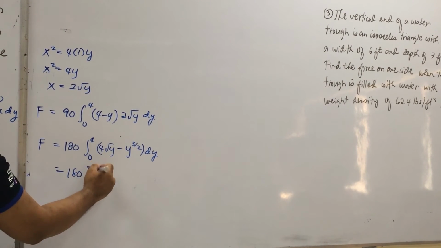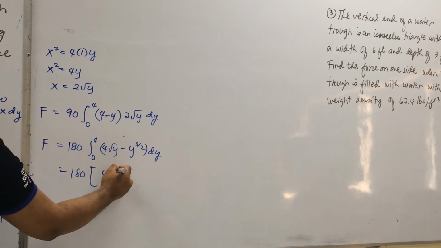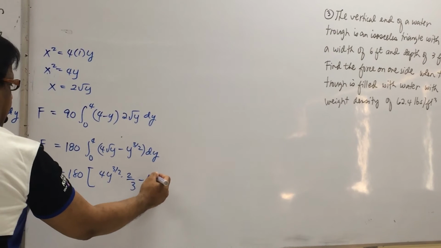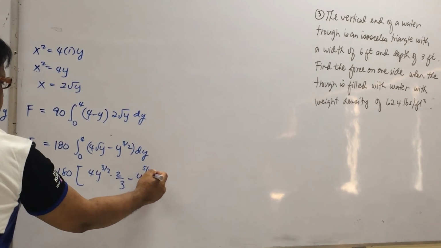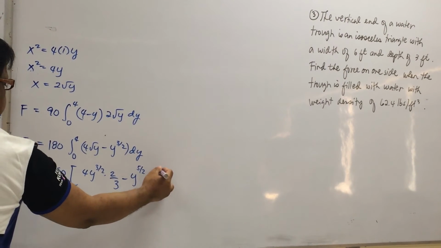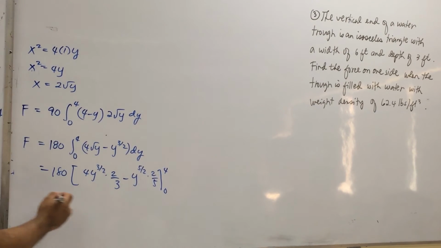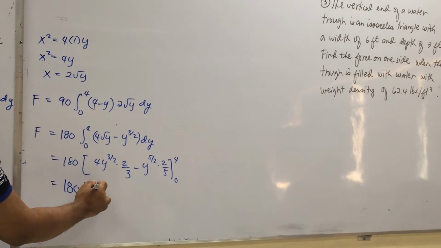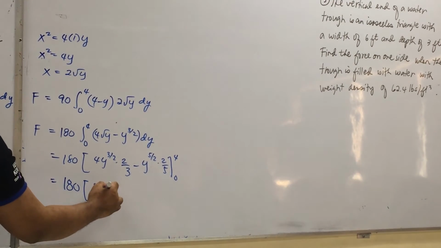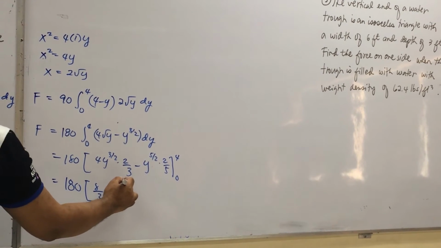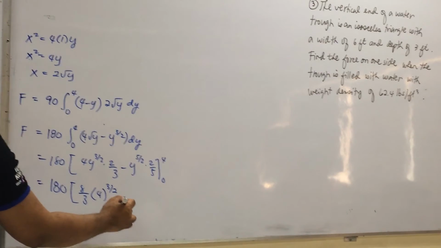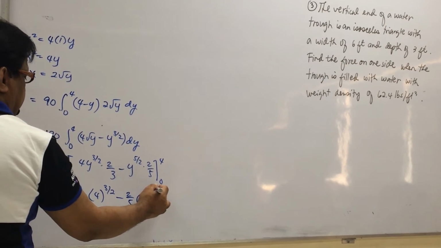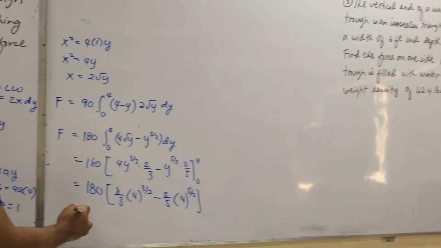So integrate now. This is 4y raised to 3 halves, and the reciprocal of 3 halves is 2/3, so 8/3. Then minus y raised to 3 halves plus 1, 5 halves. The reciprocal of 5 halves is 2/5, from 0 to 4. So this is the 180 times 8/3 times 4 raised to 3 halves, minus 2/5 times 4 raised to 5 halves.